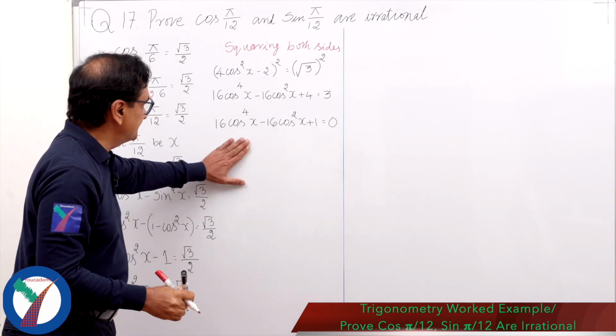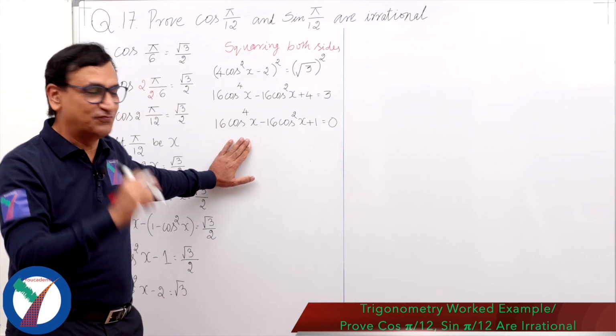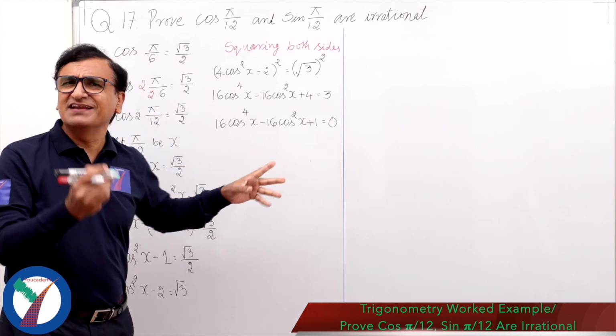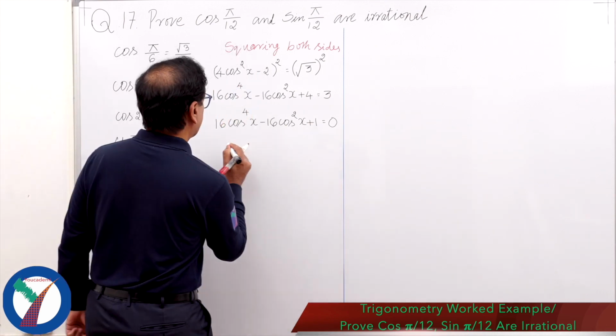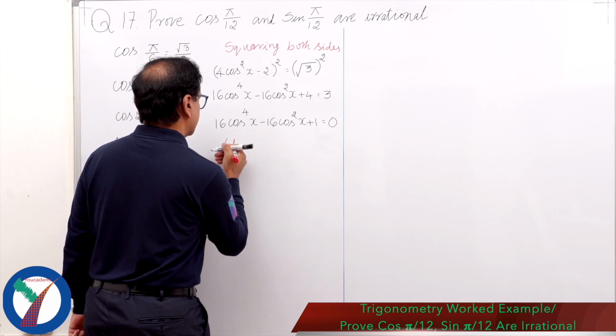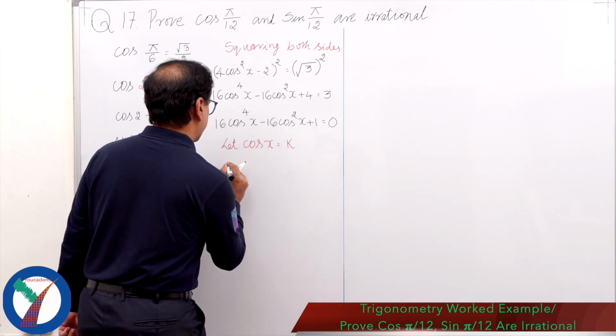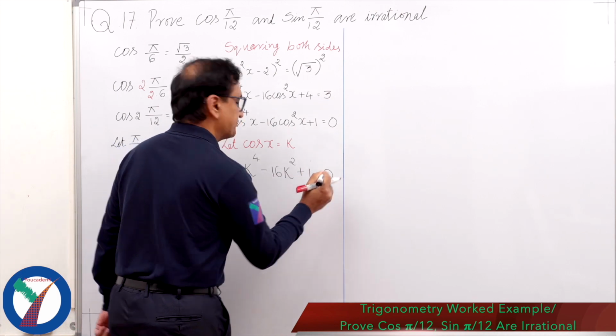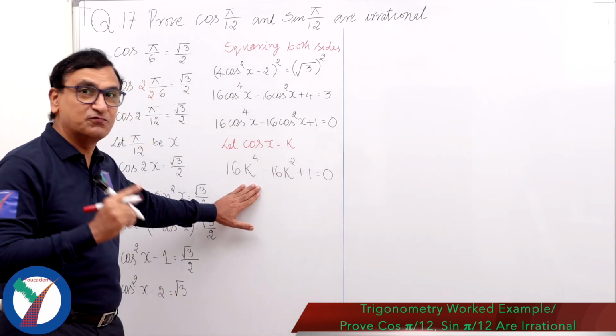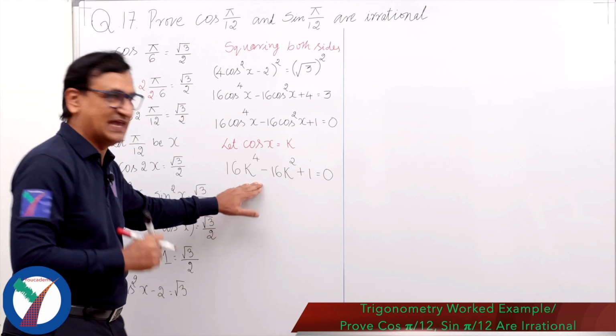Okay, so this is a polynomial of degree 4 in cos x. We can write it as, let us say, let's call cos x as some k. So this is a 4th degree polynomial in k.